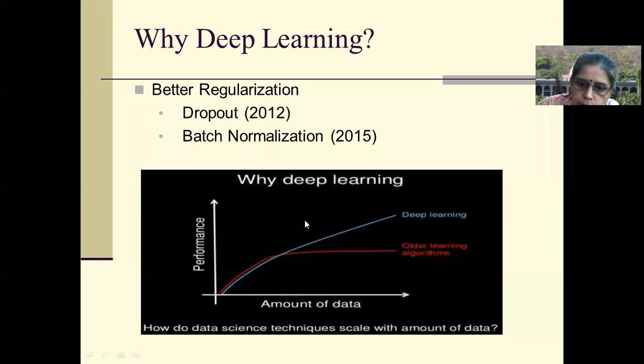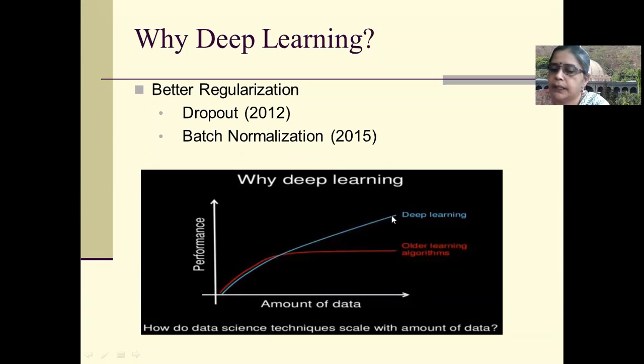Okay. So as shown in this graph, as the amount of data increases, your deep neural network gives better and better performance. Greater the amount of data for training, we get better performance.